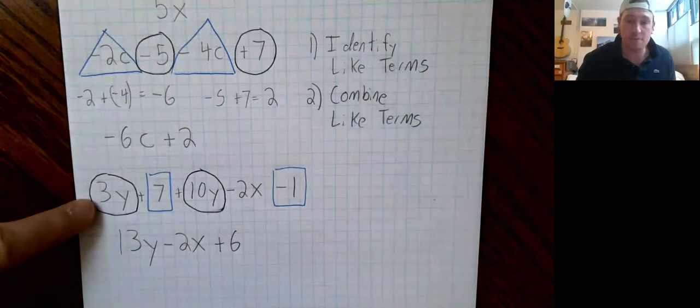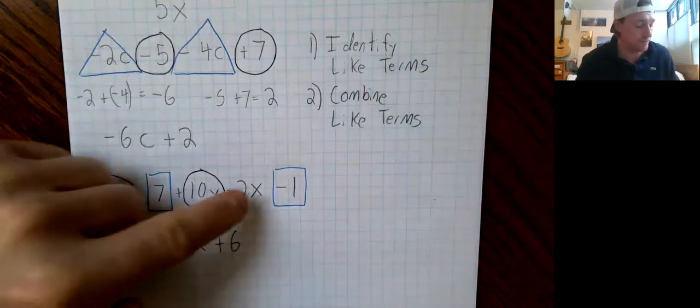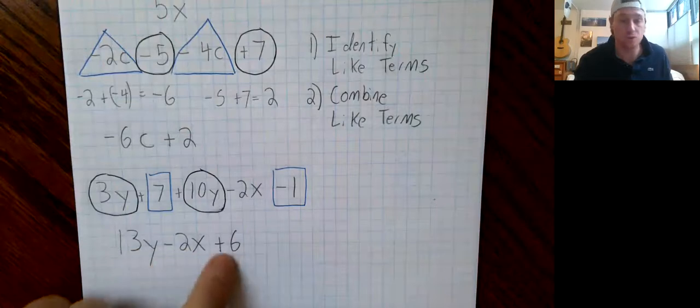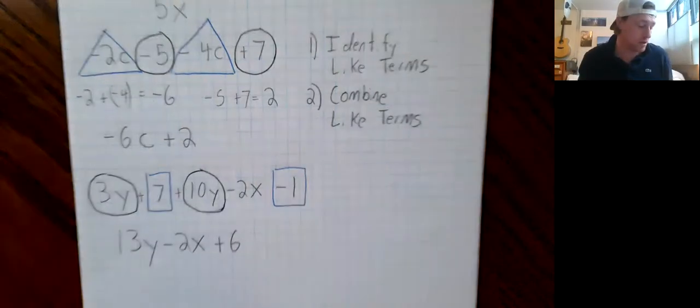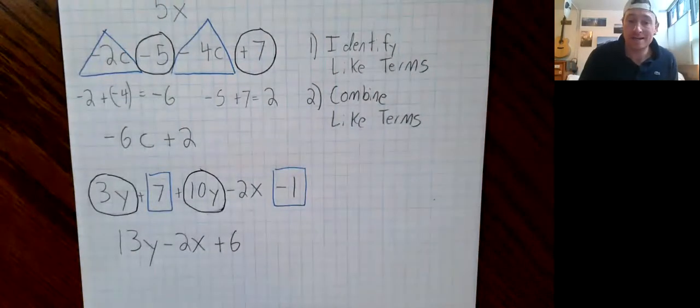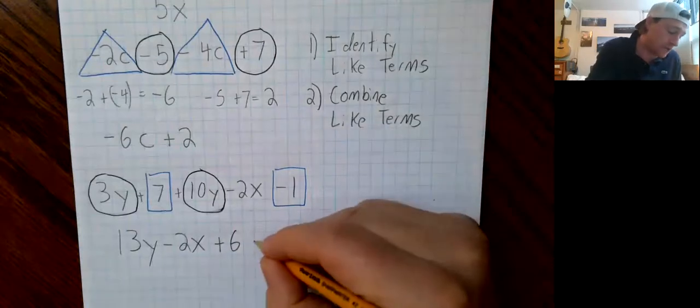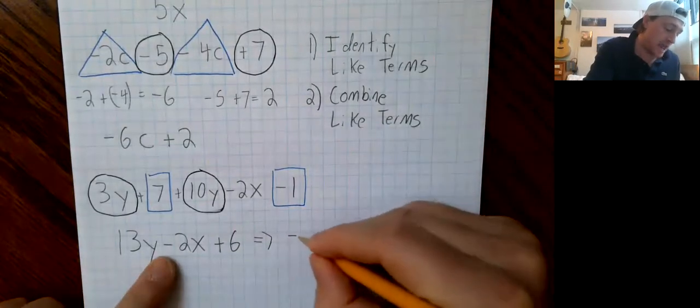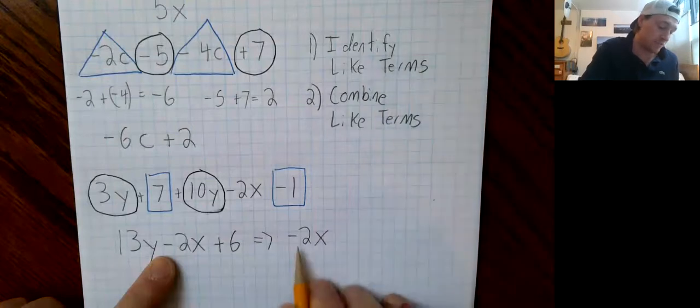Okay. It was a little more complicated here because we had 1, 2, 3, 4, 5 terms. And now we broke that down to 1, 2, 3. So we made it simpler. Okay. Order does not matter here. So I could have rewritten this as negative 2x, because remember that negative sign needs to stay with the number.